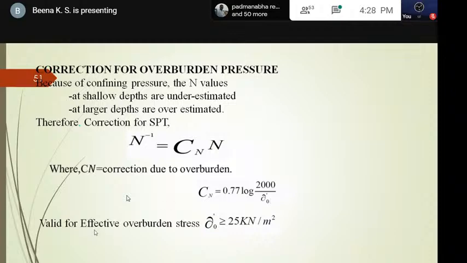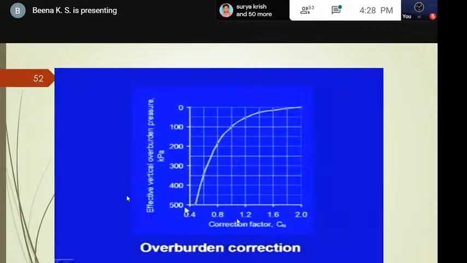This equation is valid for an effective overburden pressure greater than or equal to 25 kilonewton per meter square. Here we have a plot which gives the correction factor and the effective overburden pressure.